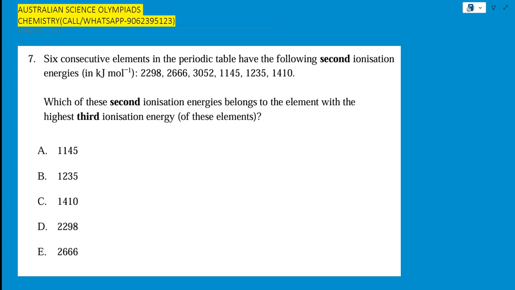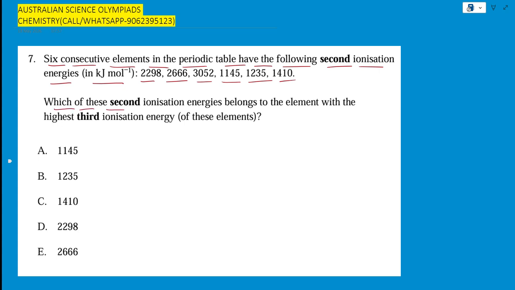All right, so let's read the question first. Six consecutive elements in the periodic table have the following second ionization energies in kilojoule per mole inverse: 2298, and 1410.